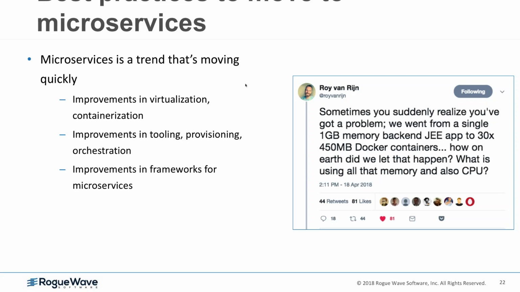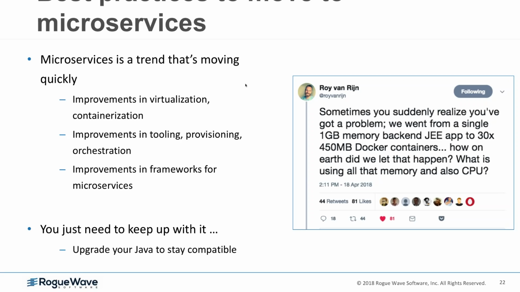Yeah, I think when we think about the Java versions, the high pace here is well aligned with the high pace of microservices. So our advice is to keep upgrading your Java, because if the other technologies are changing, the demands are changing.